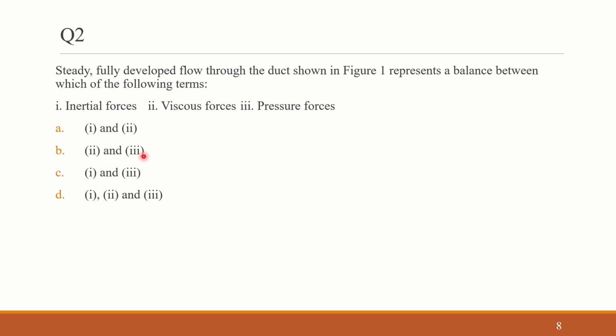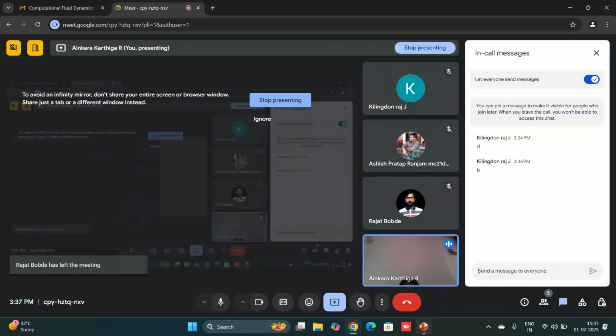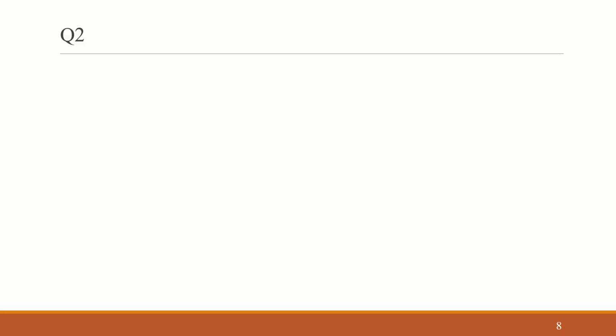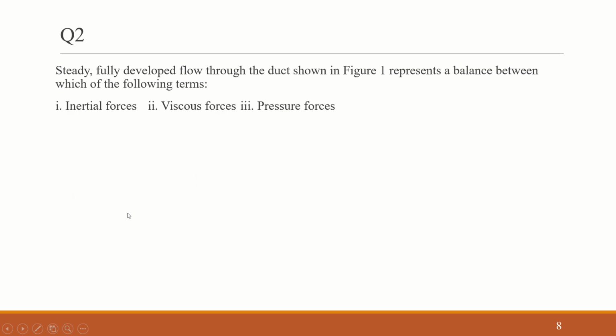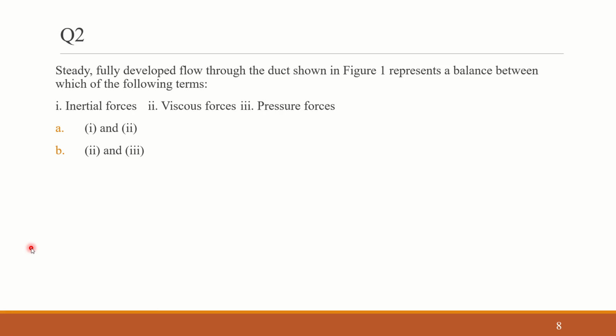Steady fully developed flow through the triangular duct shown in figure 1 represents a balance between viscous forces and pressure forces. Option B is the right answer. As you have correctly pointed out, option B is the correct answer.